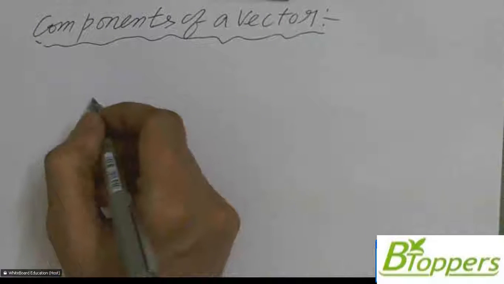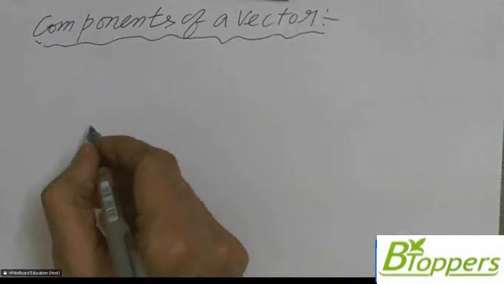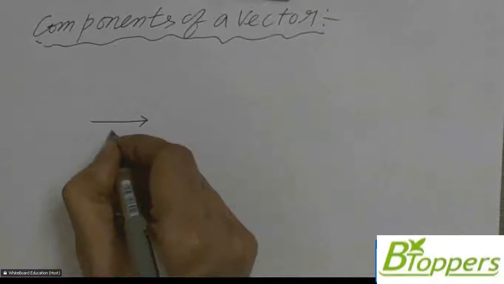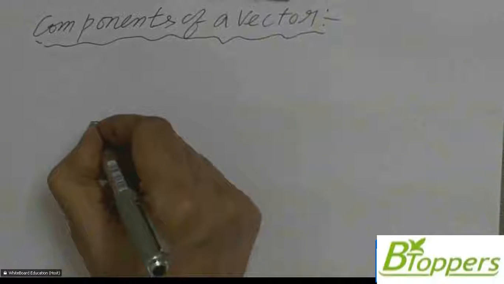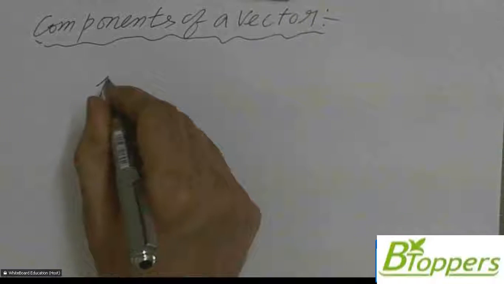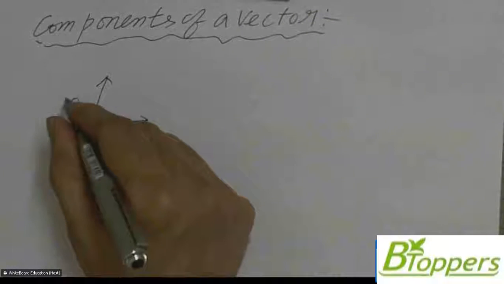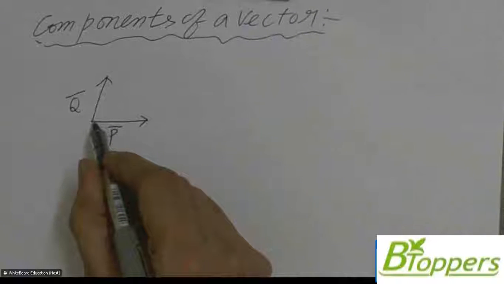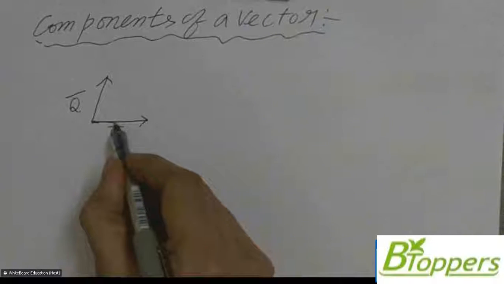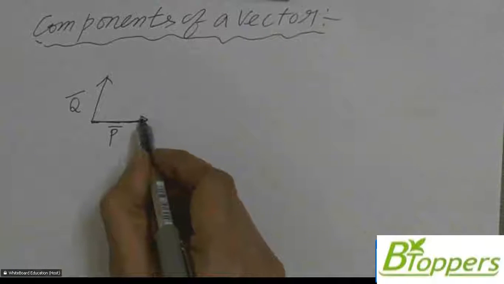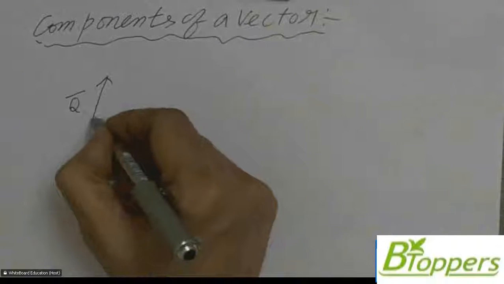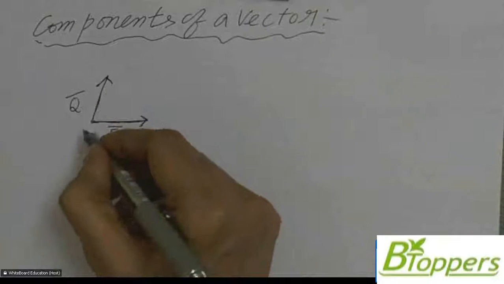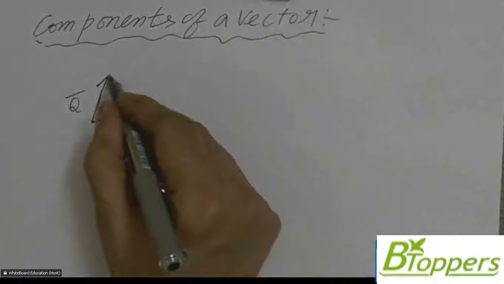Now, as I discussed in the parallelogram law of vector addition, suppose two vectors p bar and q bar are represented graphically by the adjacent sides of the parallelogram, such that the tail of p bar is attached to the tail of vector q bar.